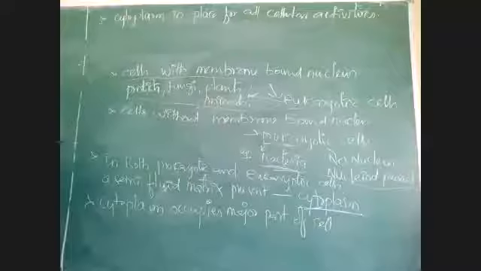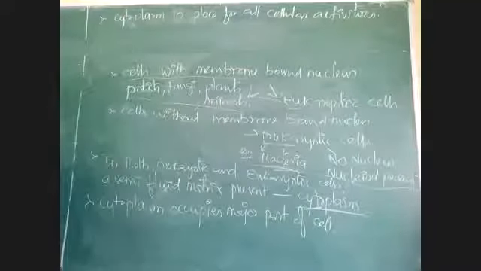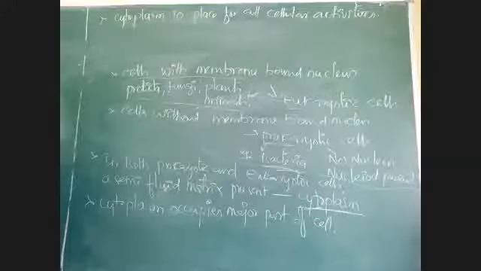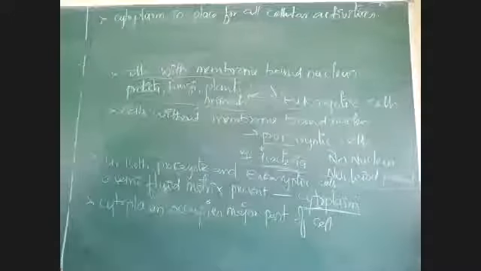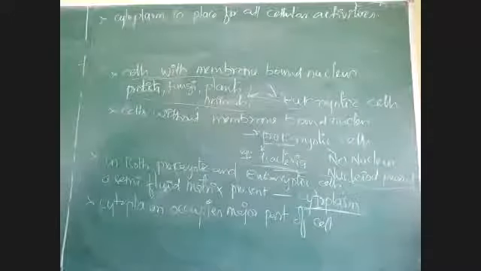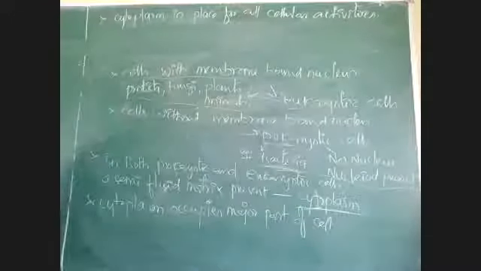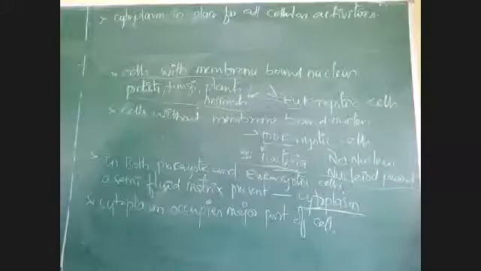All living properties are maintained or carried by a cell. What are living properties? I told you just now, like nutrition, metabolism, growth. So all are carried with the help of cytoplasm only. Whether plant cell or animal cell, in all cells that is carried.